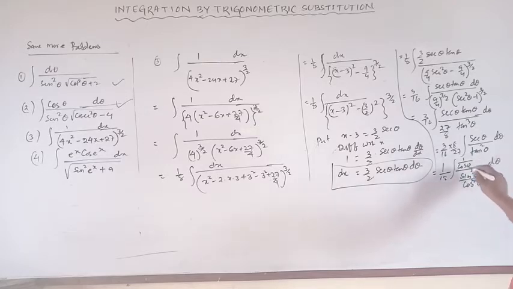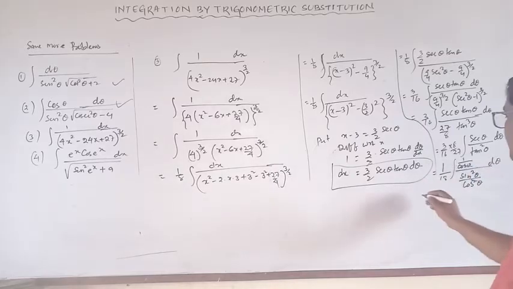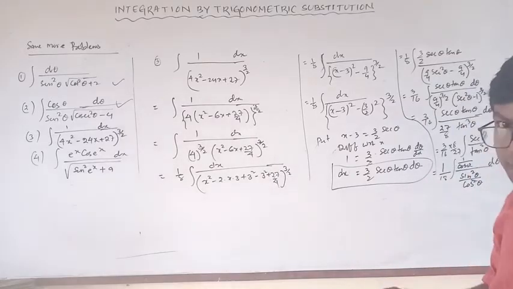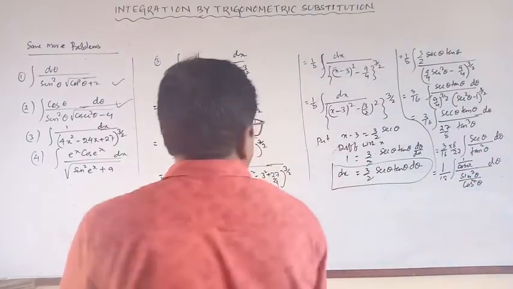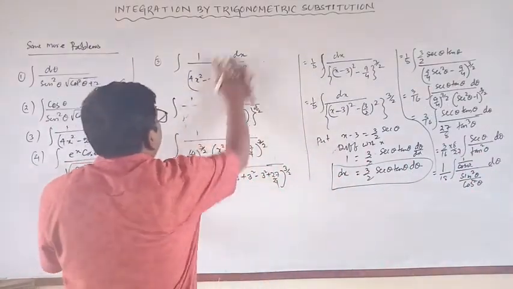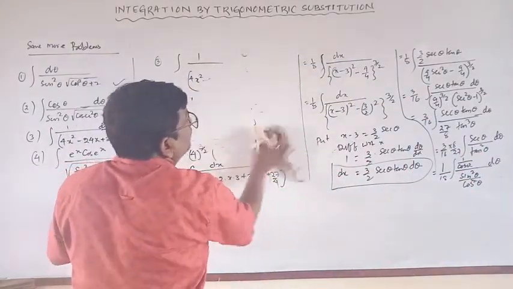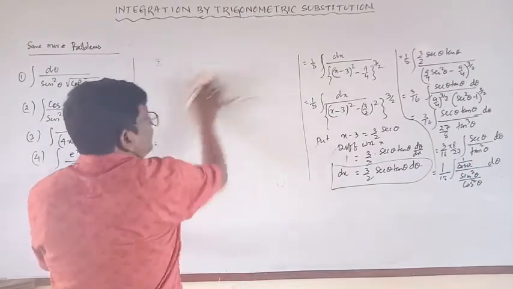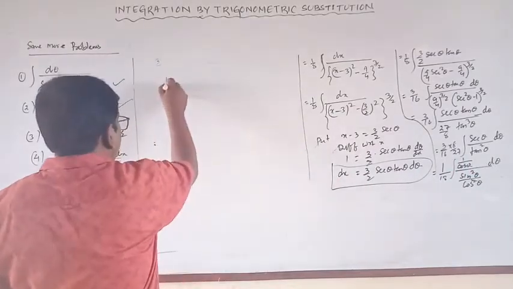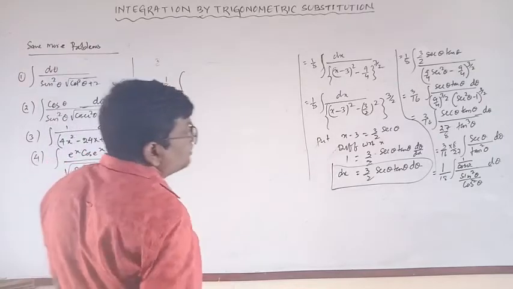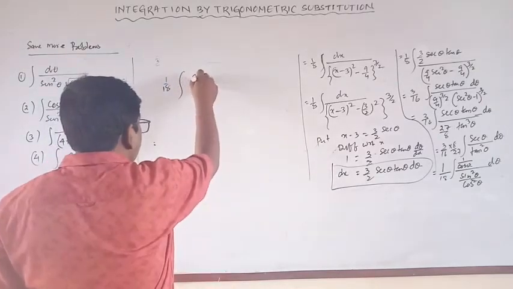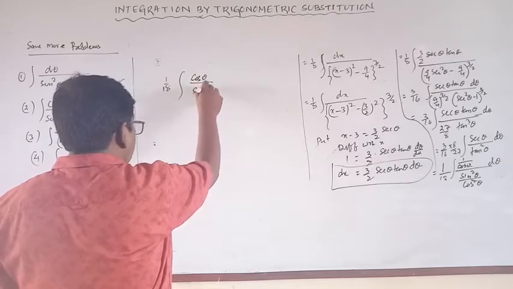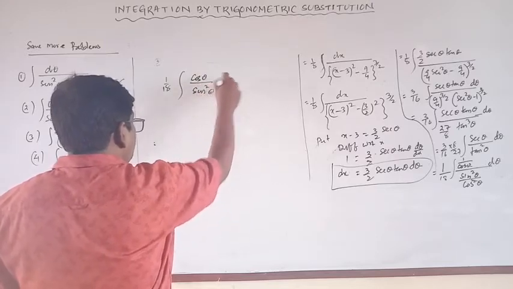So 1 cos theta cancel, this is cos theta by, that is 1 by 18, this is equal to what? 1 by 18, and this is cos theta by sin square theta d theta.